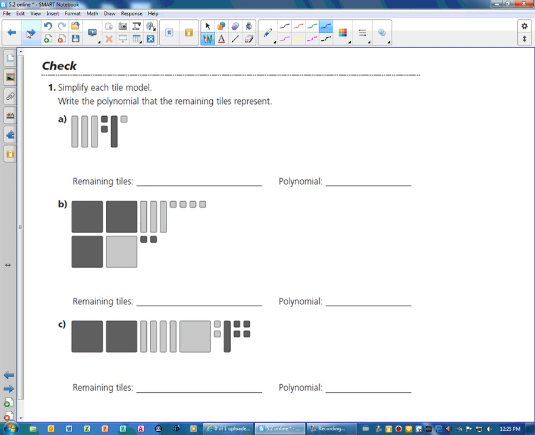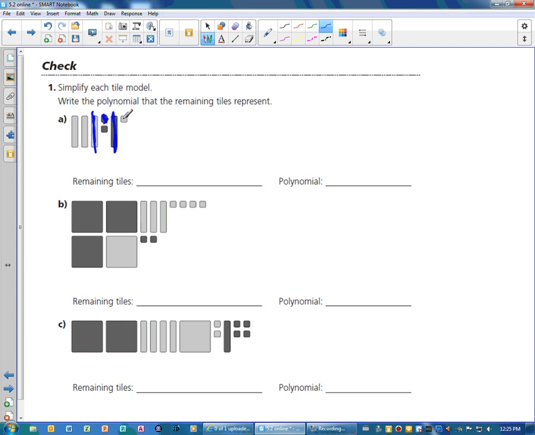All right, so hopefully you've tried these 3 examples. I'm actually writing the answers. I can't click on it, and it's just there. Okay, so write the polynomial that the remaining tiles represent. So first of all, in the first example, what are our remaining tiles? So let's look at what cancels. Okay, this one's going to cancel with this one. That's one.